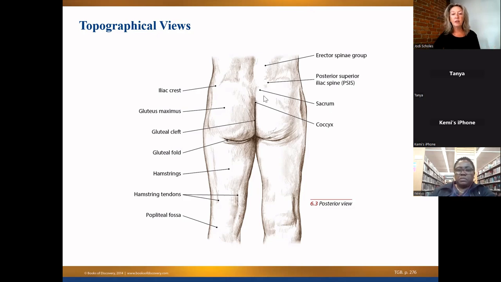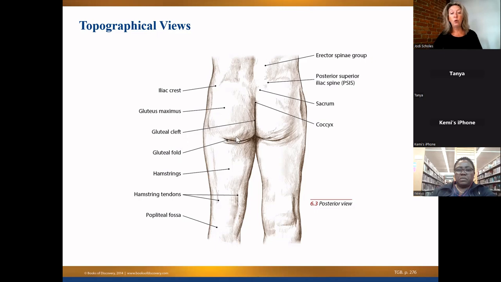The sacrum, we'll see the bones of the sacrum here in a few minutes. This is the posterior superior iliac spine. We'll be talking more about these bony landmarks when we take away the muscles and the skin. Right now, we're just going over the geography, if you will, of the back side of the body.